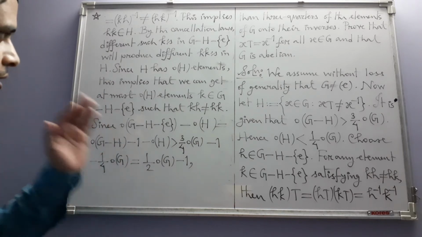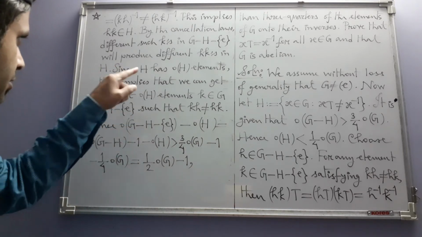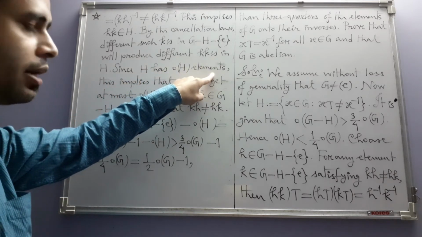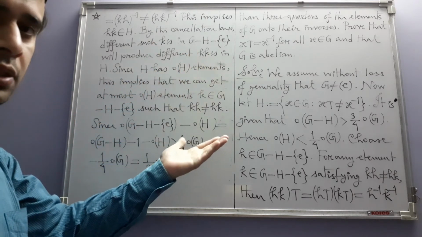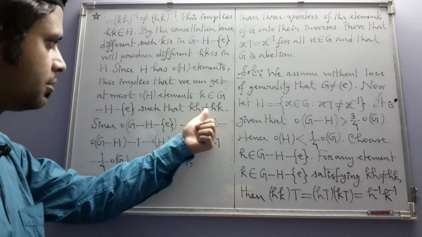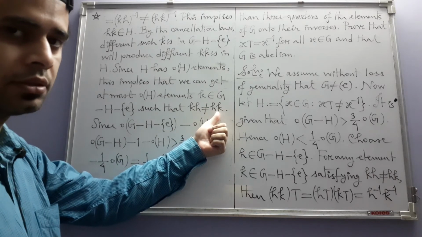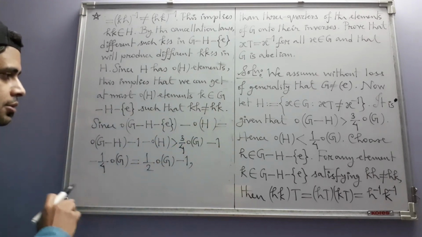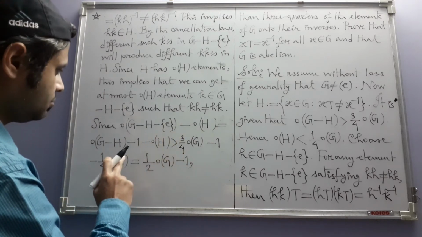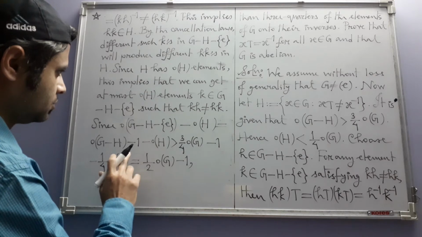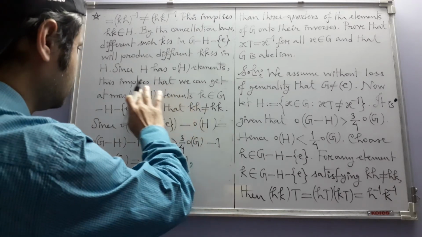Okay, so let us now go back to the previous line. Since H has order of H elements, we can get at most that many elements k here that do not commute with H. So that means, I am also getting confused.